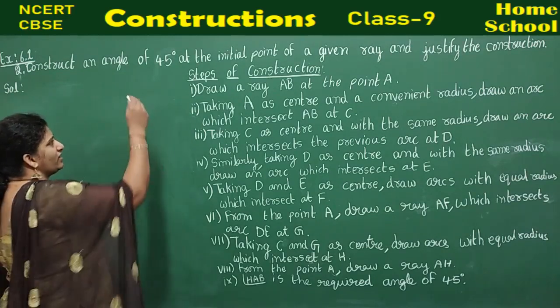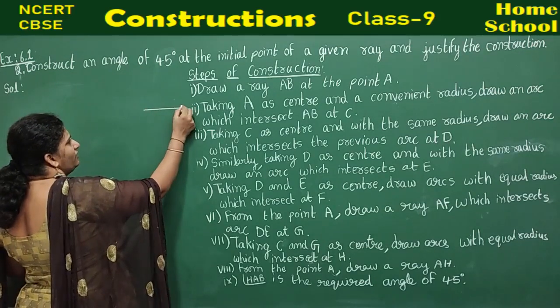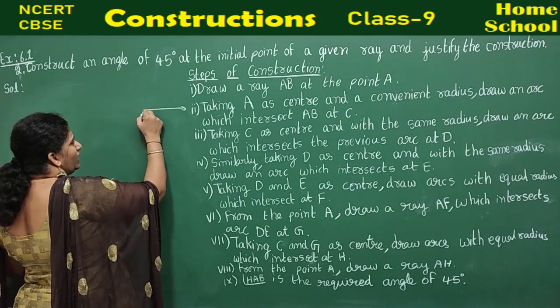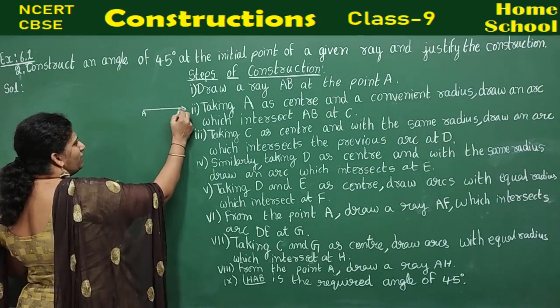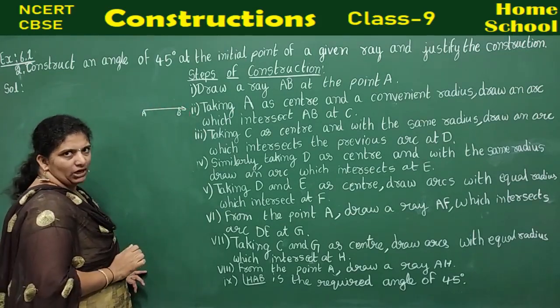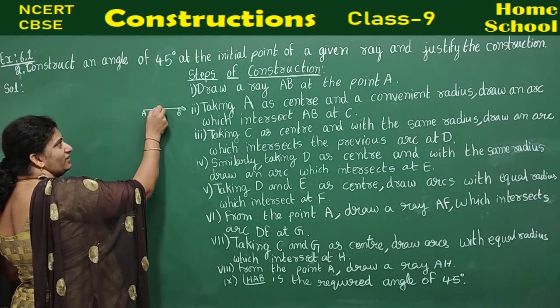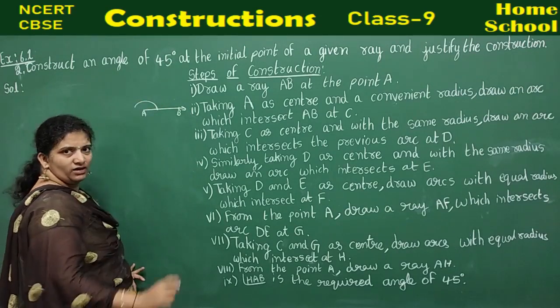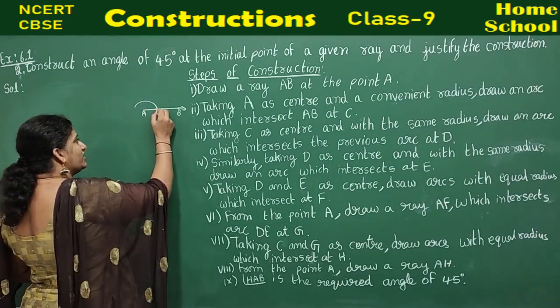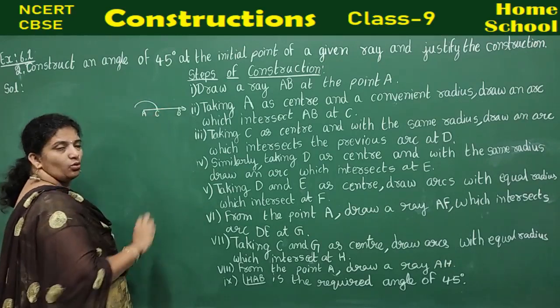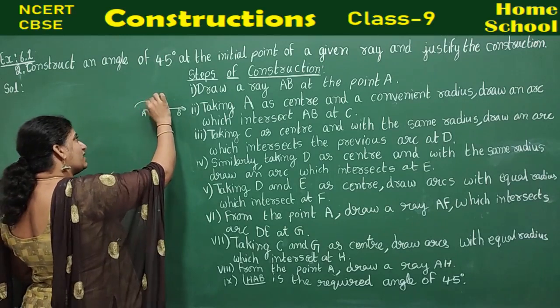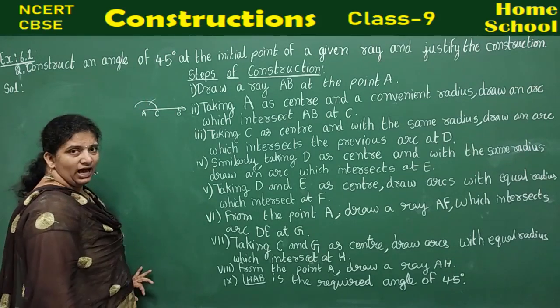Let's see the rough figure here. Draw a ray AB from a point A. Okay. Now with your convenient radius, with A as a center, draw an arc touching the ray at C. With C as a center, same radius, cut the arc.